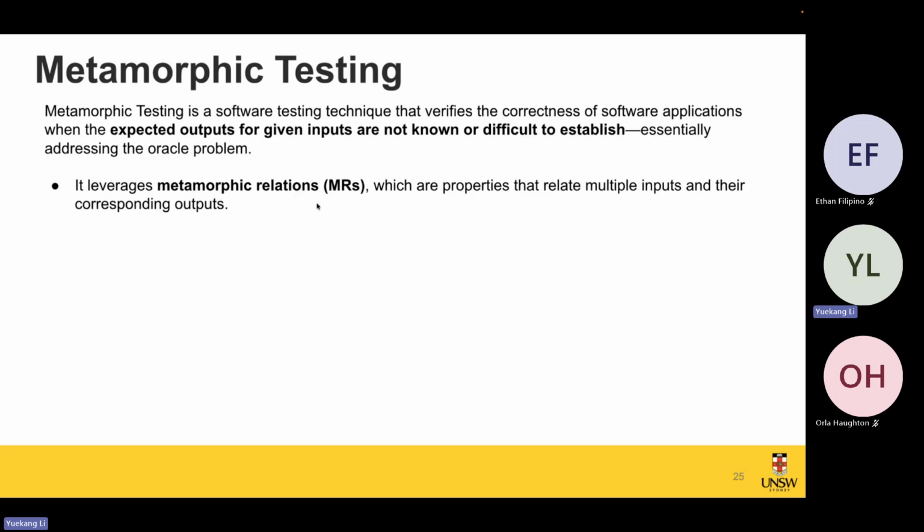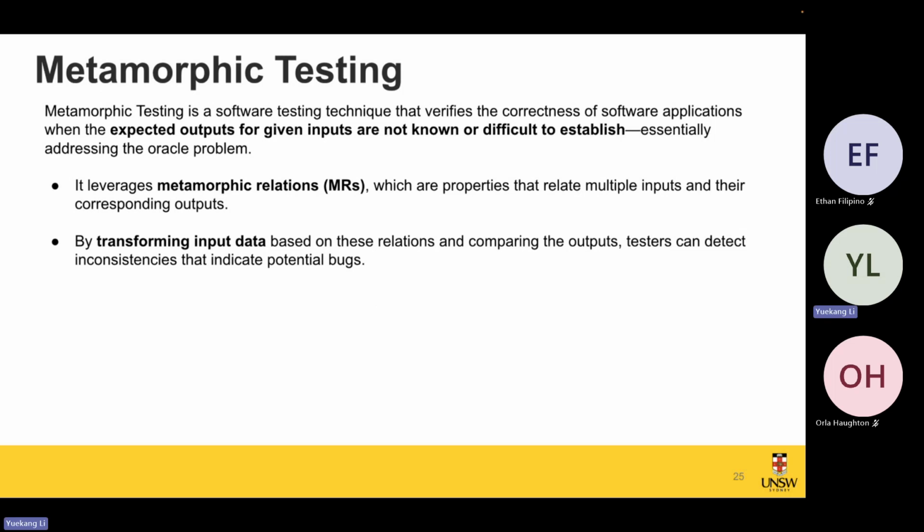This is still quite abstract. You may think, what is a possible metamorphic relation? We can see an example later. We can transform the input data according to the metamorphic relation and compare the results, because a metamorphic relation gives us the relations between different inputs and different outputs.